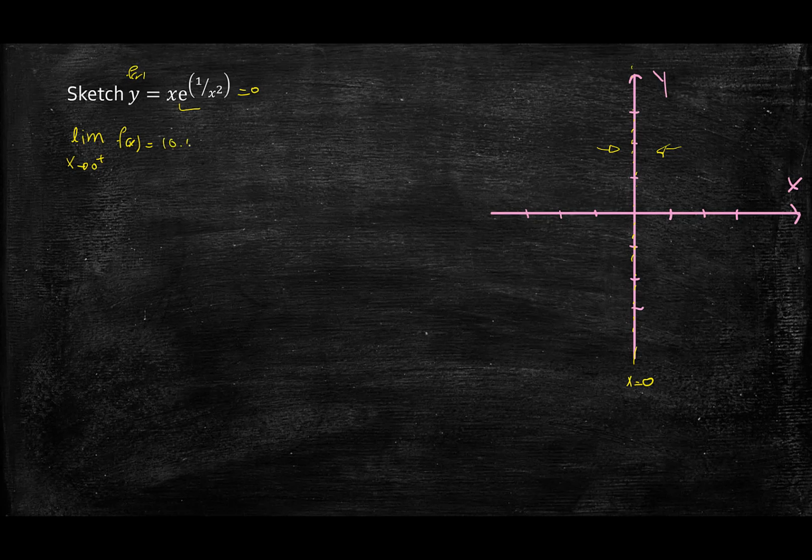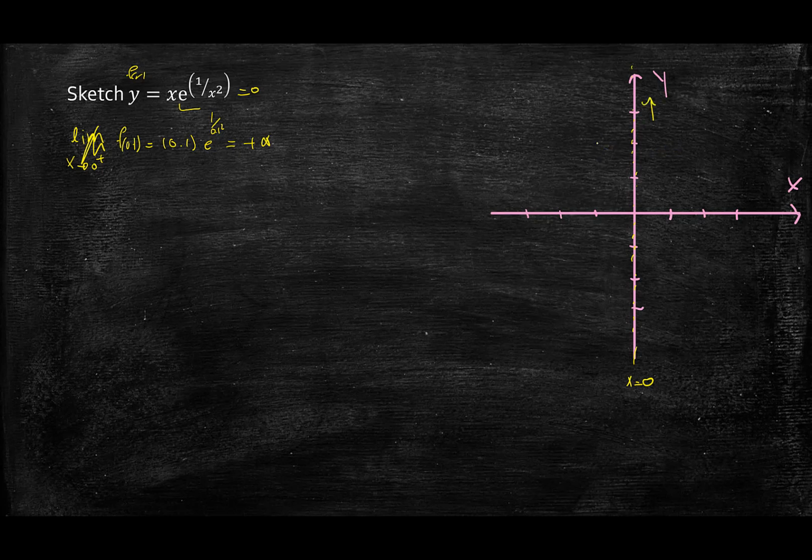Let's give it 0.1, and then I'll have e to the 1 over 0.1 to the power of 2. I'm not taking the limit right now, all I'm doing is calculating f of 0.1. In this case, if I put it in my calculator, it would be a very, very large number, something about 10 to the power of 42 or 43. So I'll just have that approaching positive infinity here.